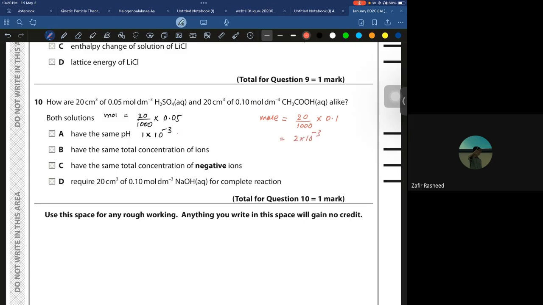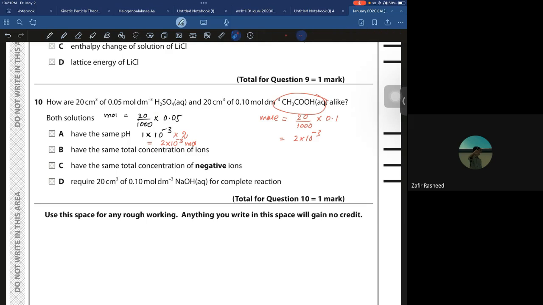Oh, okay. So this would be multiplied by 2, because H2SO4 gives 2 H positive ions and the other gives only 1 H positive ion. So the concentration of H positive ion would be the same. So how are they alike? Both solutions have the same pH.